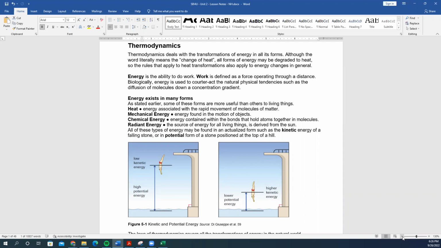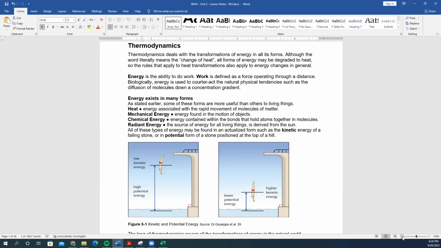Mechanical energy is the energy associated with the motion of objects, with the motion of molecules. There's mechanical energy in that, which eventually will produce heat. There's also chemical energy. Chemical energy is, as we talked about, the energy contained within the bonds that hold atoms together within a molecule.